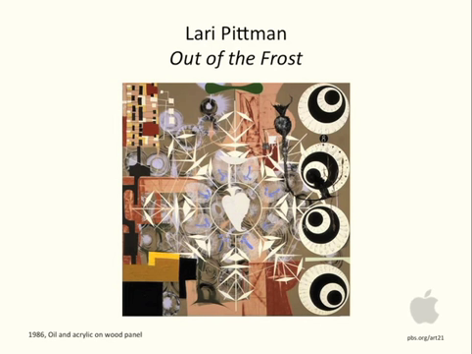Here's Larry Pittman's piece called Out of the Frost, and it's acrylic on wood and with oil, done in 1986, and it's from the PBS Art website. Now, here if we were to talk about the lines, well, we've got these circular shapes, and we'll talk about the geometric shapes that are in this piece, but there are many different types of lines.